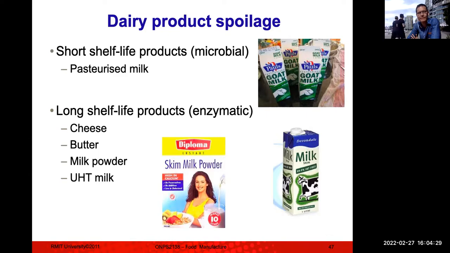And some of these long shelf life products, at least in the case of UHT milk, are commercially sterile, or considered sterile from a practical point of view, because the conditions inhibit microbial growth, and that's why they have such a long shelf life.